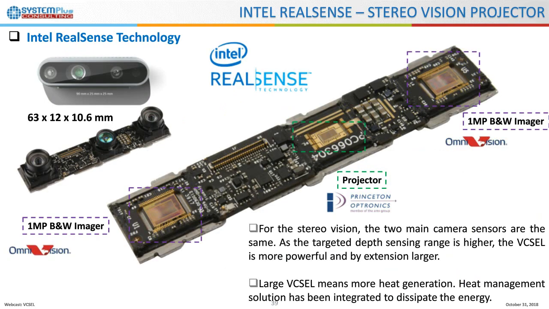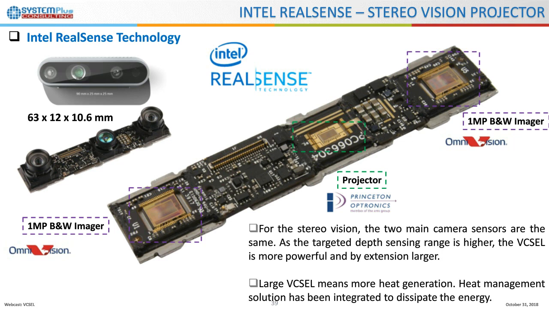Finally, VCSELs are not used only in smartphones, as Pars and Paul mentioned in their speech. We also observed some different VCSELs, same technology but different size, in this example of a product proposed by Intel, which is RealSense technology.